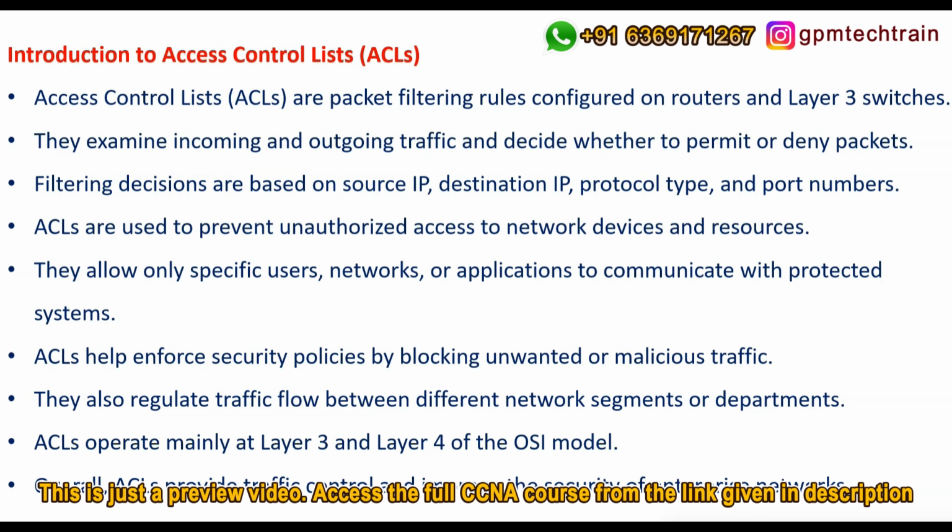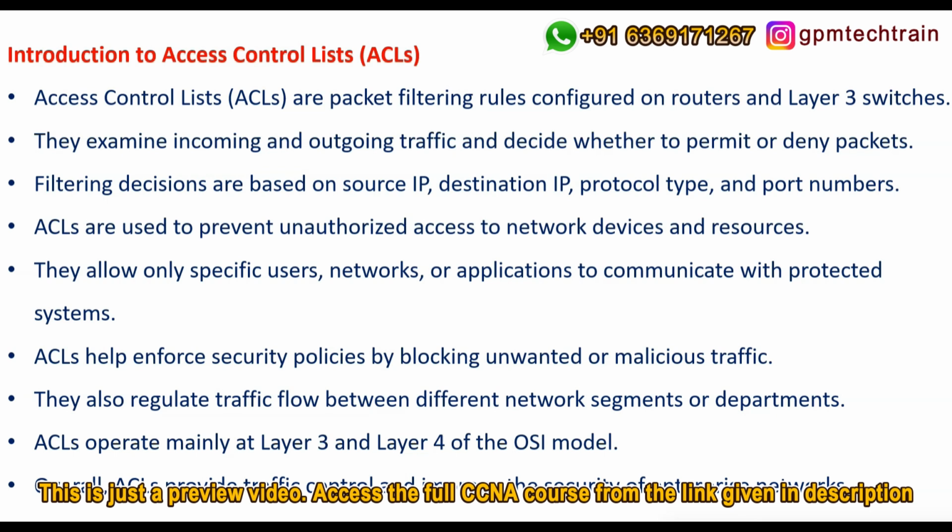When you configure a filter, you can design it based on the source IP address, destination IP address, source or destination port number, protocol, etc. It helps prevent unauthorized access to the device and resources by blocking malicious or unwanted unknown traffic.